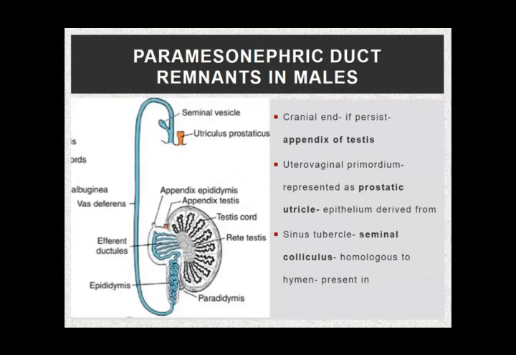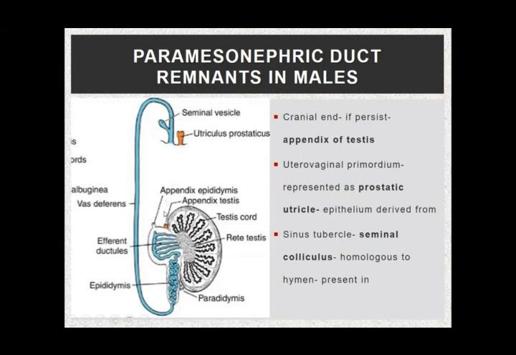Now let's go on to the paramesonephric duct. Until now we were doing the mesonephric duct. Let's first discuss its remnants in males. Follow the red: blue was the mesonephric duct, red is the paramesonephric duct.